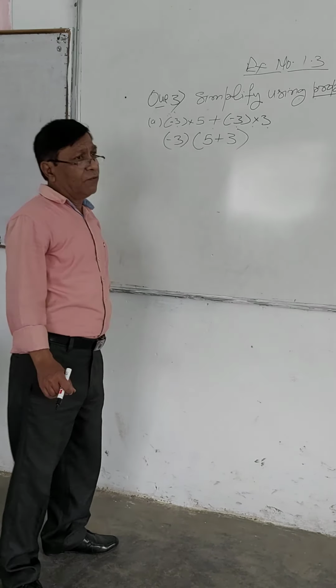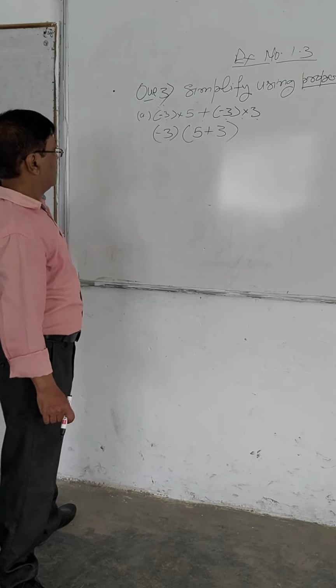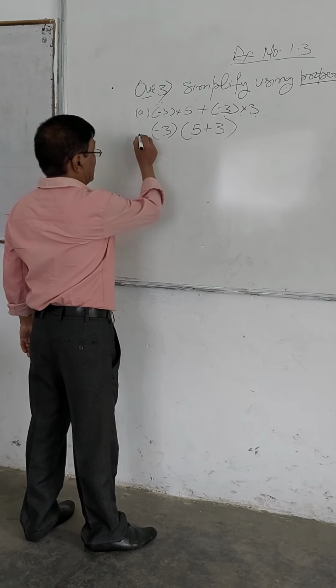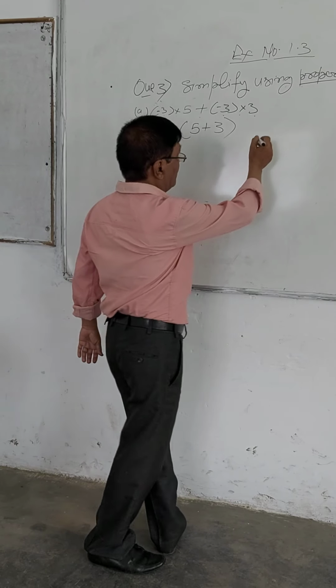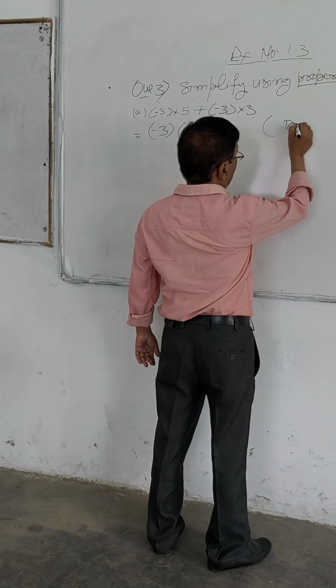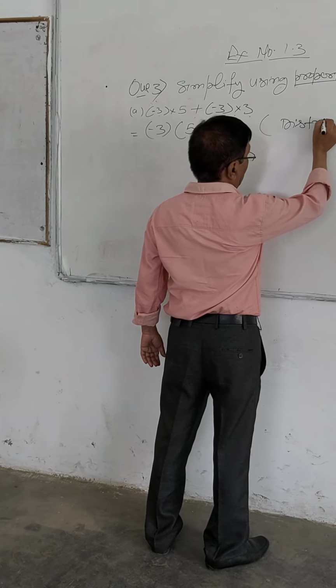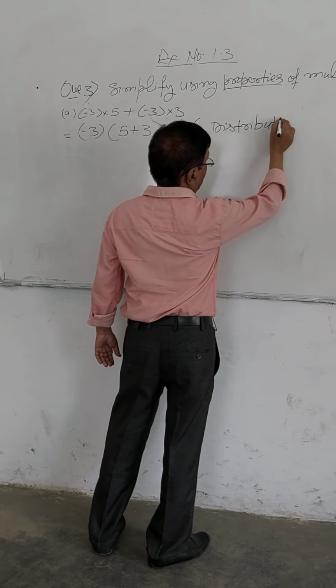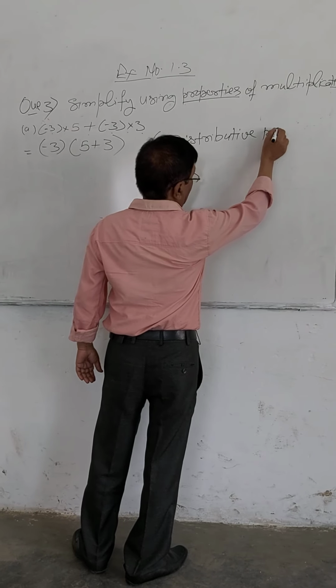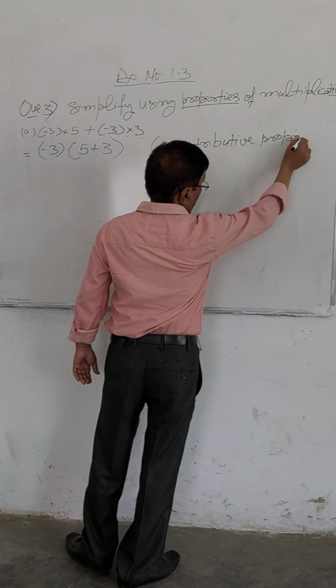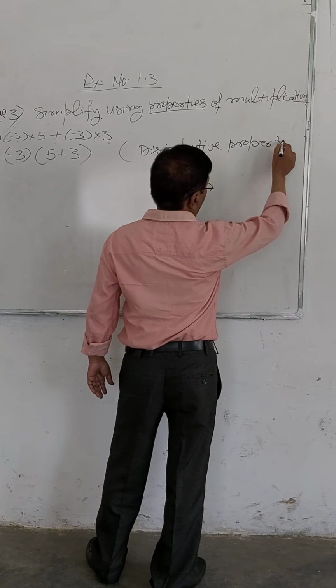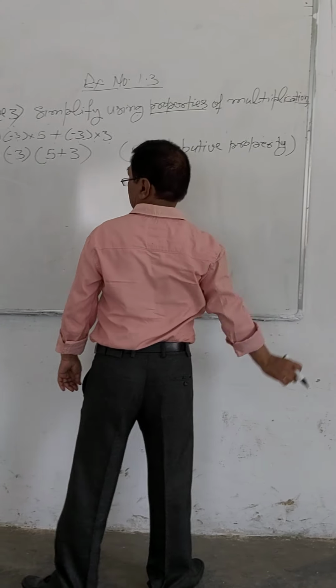Now by which property can we do the multiplication? This is called distributive property, as I have told you already. What is called distributive property?